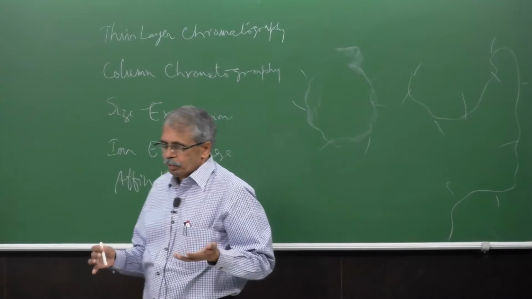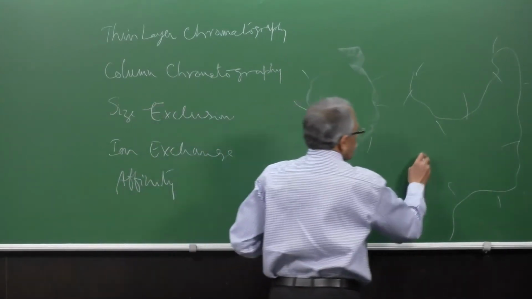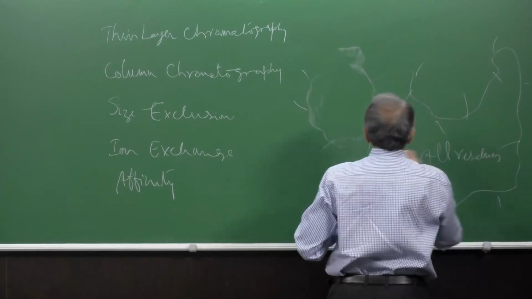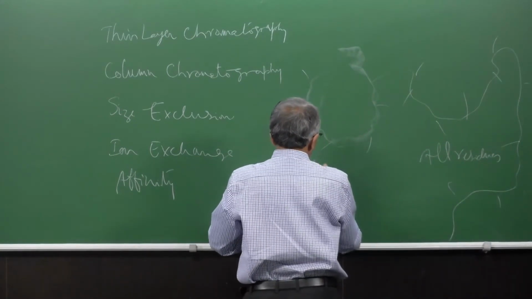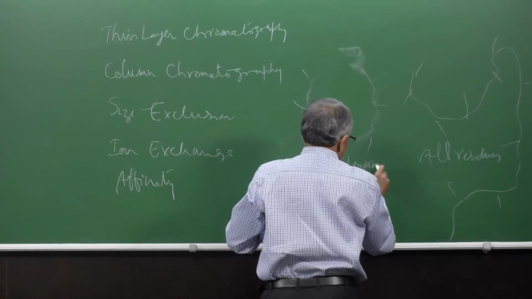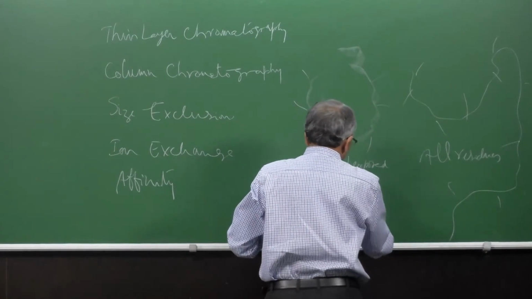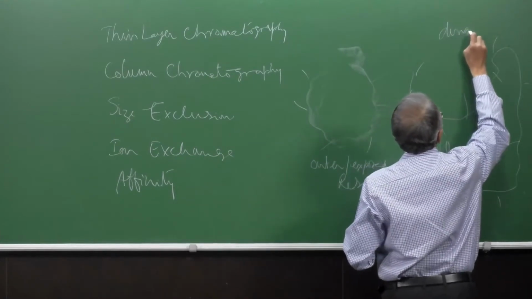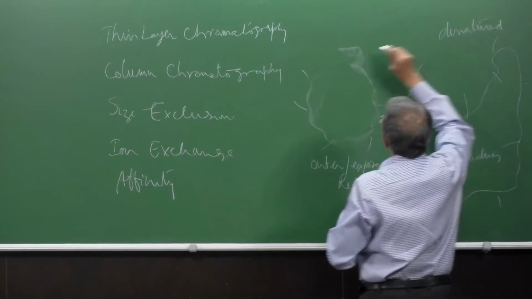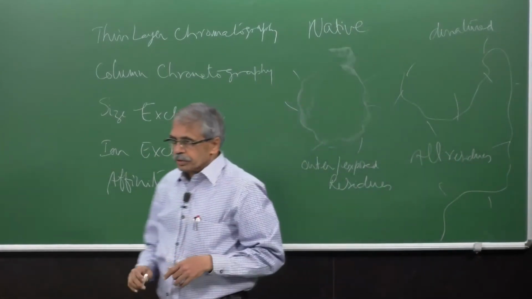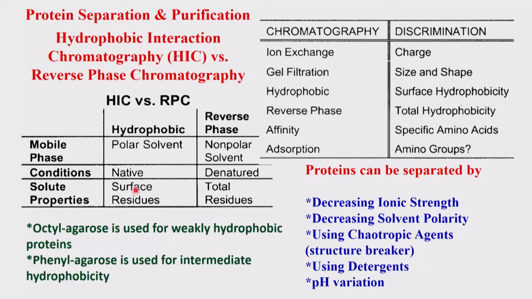So all residues here, and here only the outer or exposed residues. This is the denatured state, this is the native state. Okay, so you can see that. Now, that is how the whole thing goes.